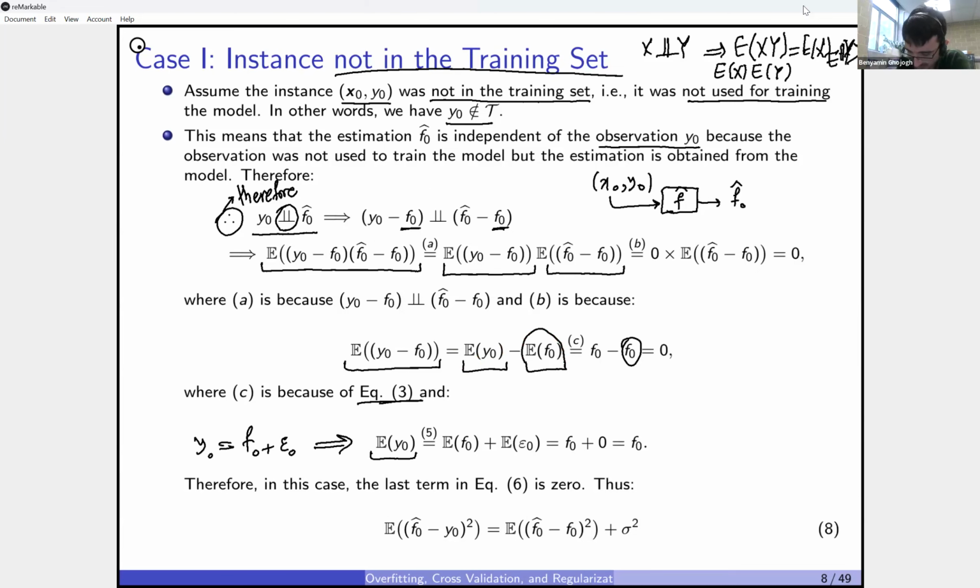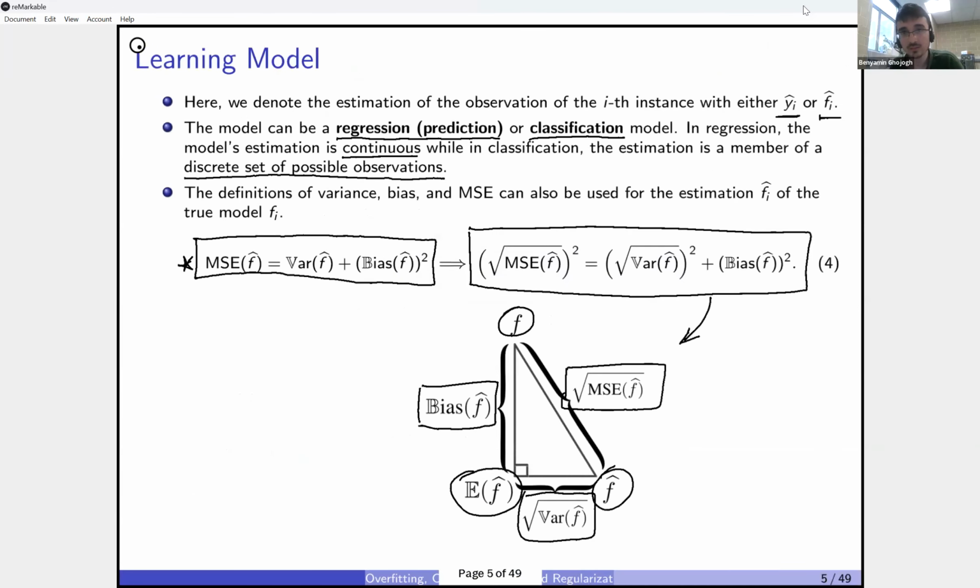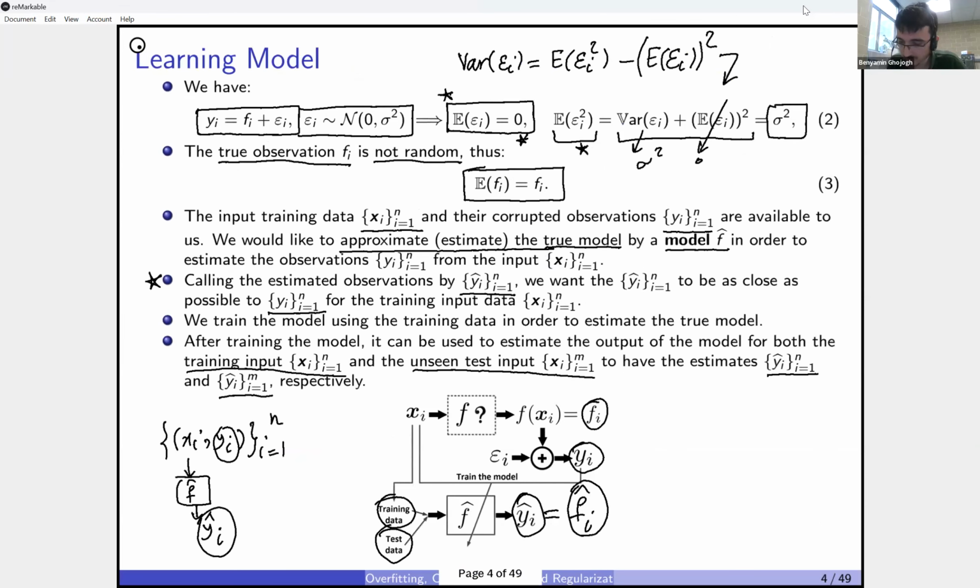If I take expectation from both sides, we'll have expectation of y0 equals expectation of f0 plus expectation of epsilon 0. We saw that expectation of epsilon 0 is 0. Let me go back and show you where it was. Here in equation 2, we showed that expectation of epsilon i, or here epsilon 0, is 0, because epsilon 0 is a Gaussian distribution with mean 0.